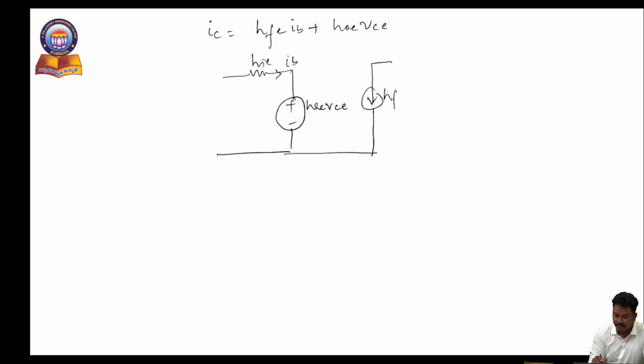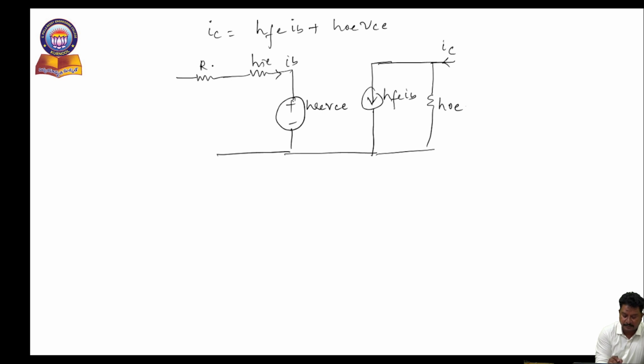This is HFE IB, and this is HOE, where this is IC. If any external input resistance is there, it is defined as RS. Any external output load is defined as RL.